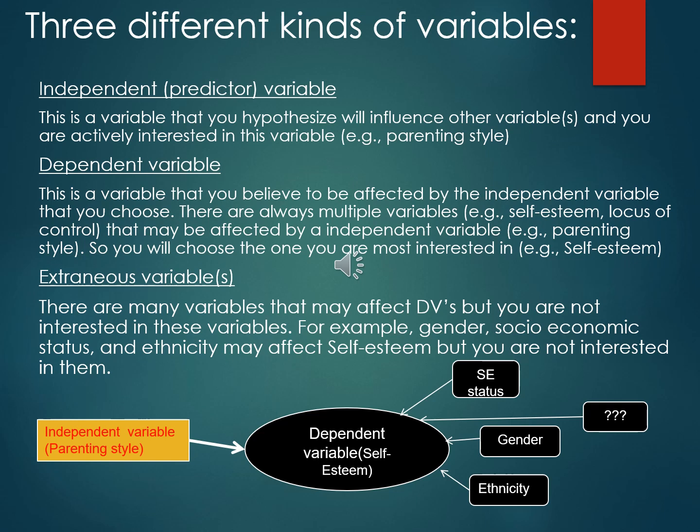Those are extraneous variables. So the purpose of an experiment is to remove these extraneous variables or to control them so that their effect can be ruled out as the potential cause of the change in the dependent variable in an experiment.